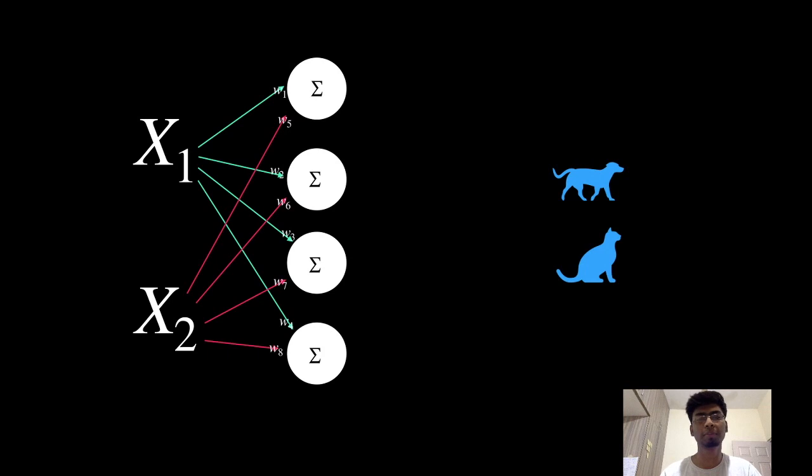At this point, this small network of neurons can be known as a simple neural network, or just a neural network.